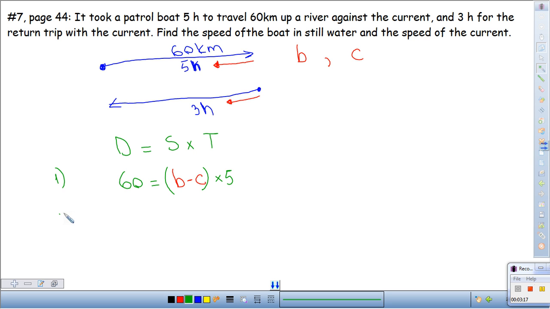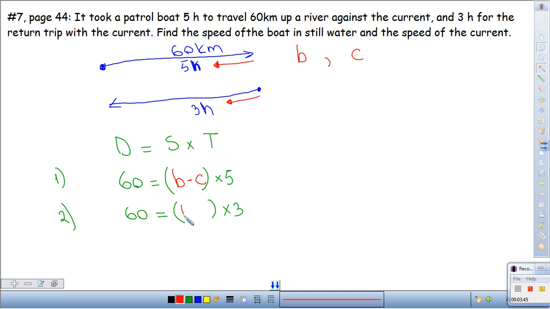In that second equation, I have the same distance, 60 kilometers equals. Now, this distance was completed in only 3 hours. And let's take a look again at those speeds. Well, it's only 3 hours because the current gave the boat a boost and made it move faster back to its origin point.